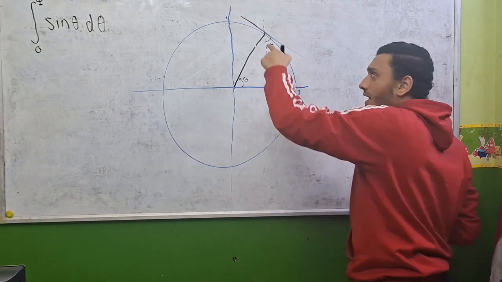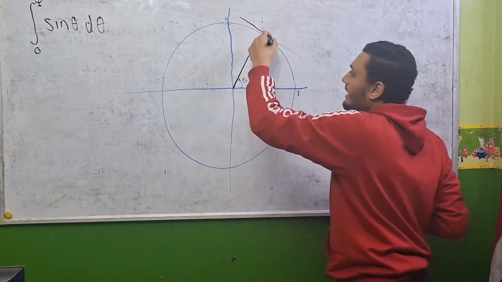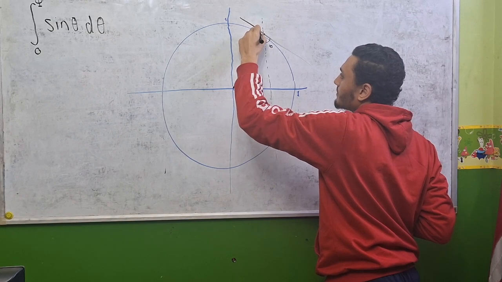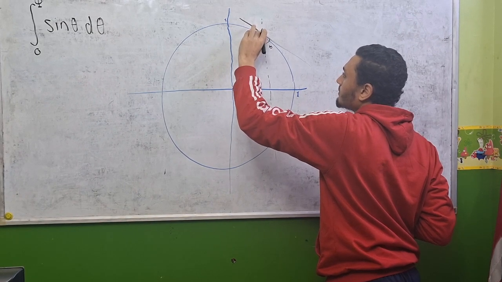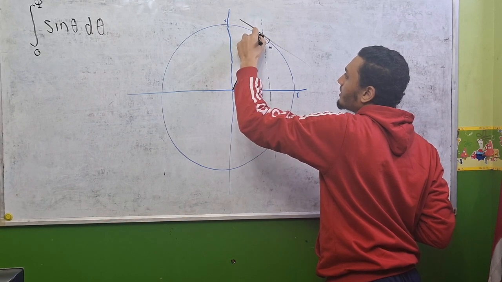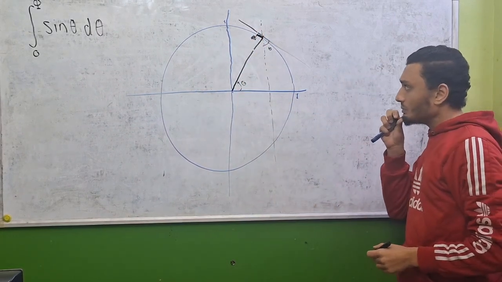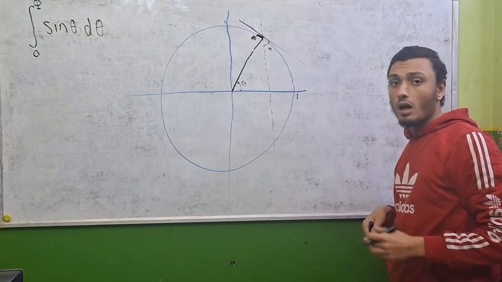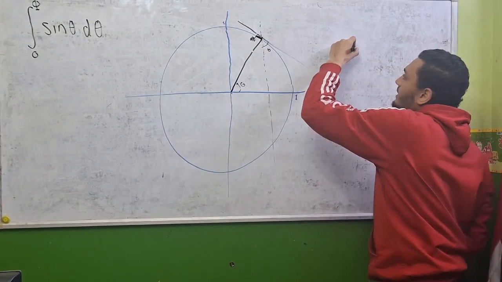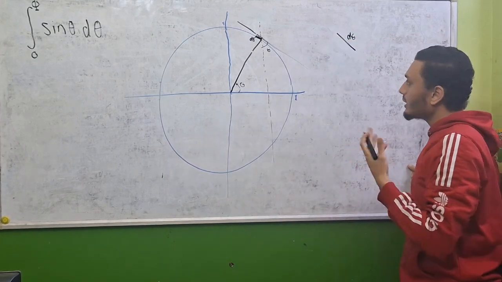So if we examine at this point a very, very small length, very, very small arc, I mean, like this, and this is d theta. All right, so looking at this arc like this is the d theta.